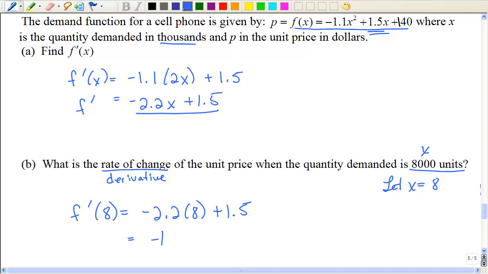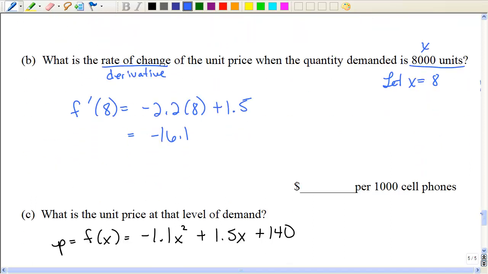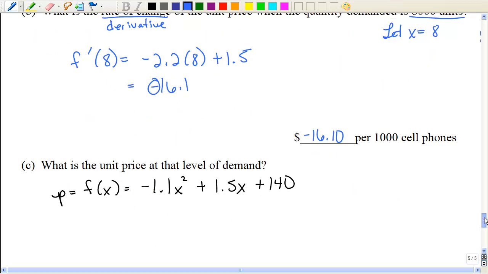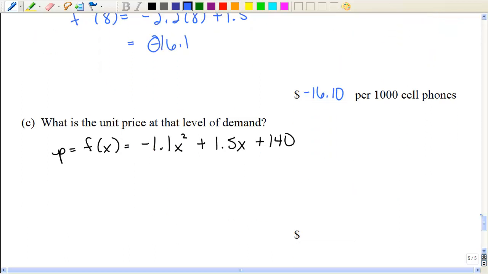And I get -6.1. What does that mean? It means that the price is decreasing because of the negative. It's decreasing $16.10 per 1,000. So as the demand increases, the price decreases.